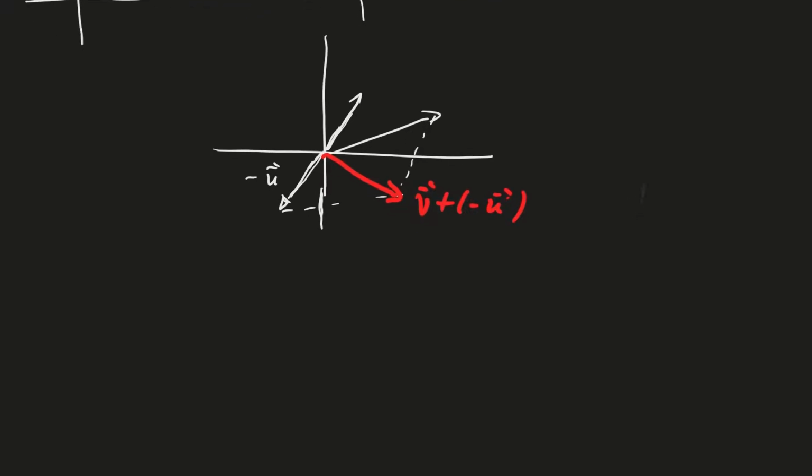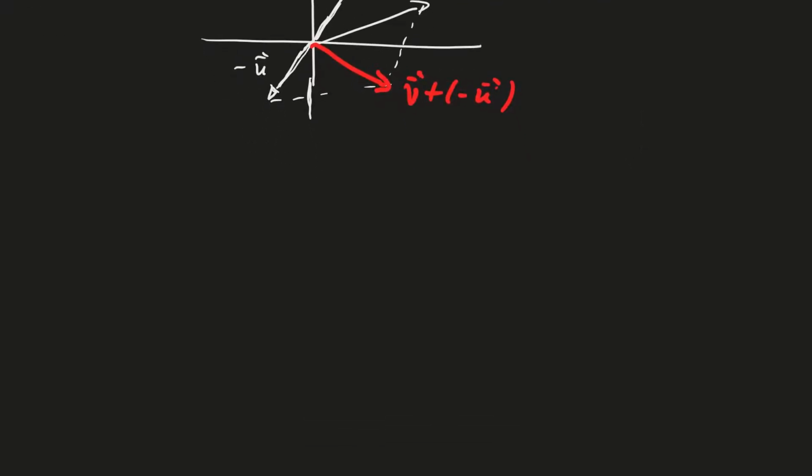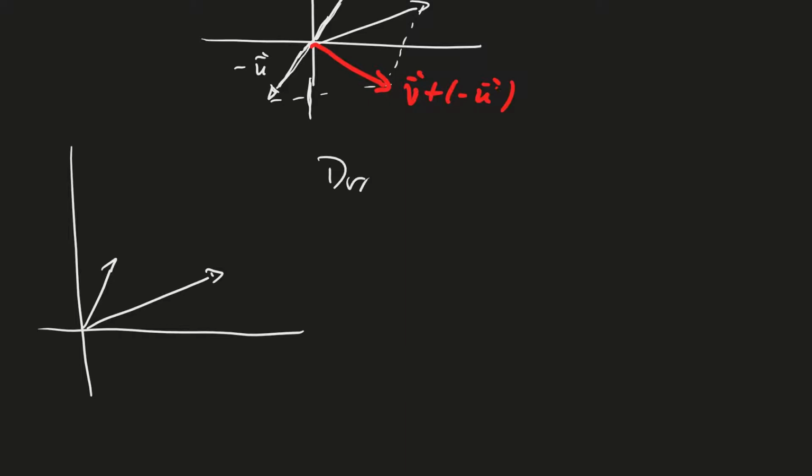Alright, so you can also see we can do other things similar to that. So how would I draw, for example, here's my U and V again, U, V. How would I draw, let's say, 2U minus 1/2 V?